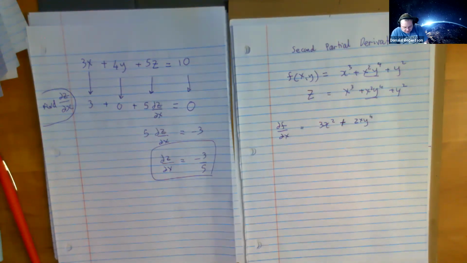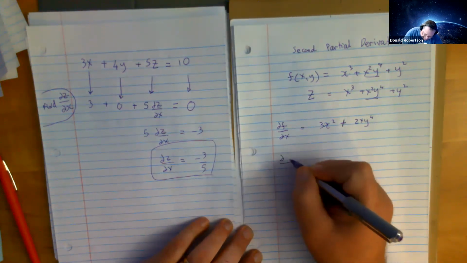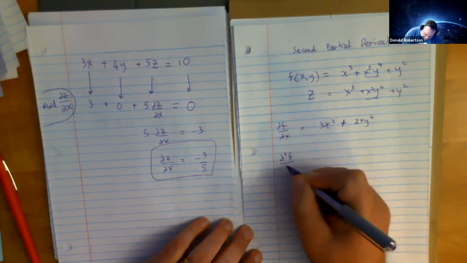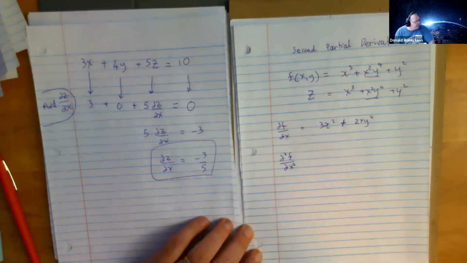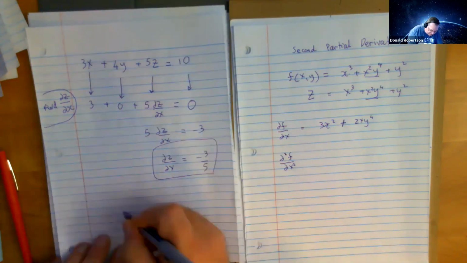Now, we have notation. How do you tell someone that you want a second derivative? Well, in this notation, it's written that way. Now, that's a direct comparison.